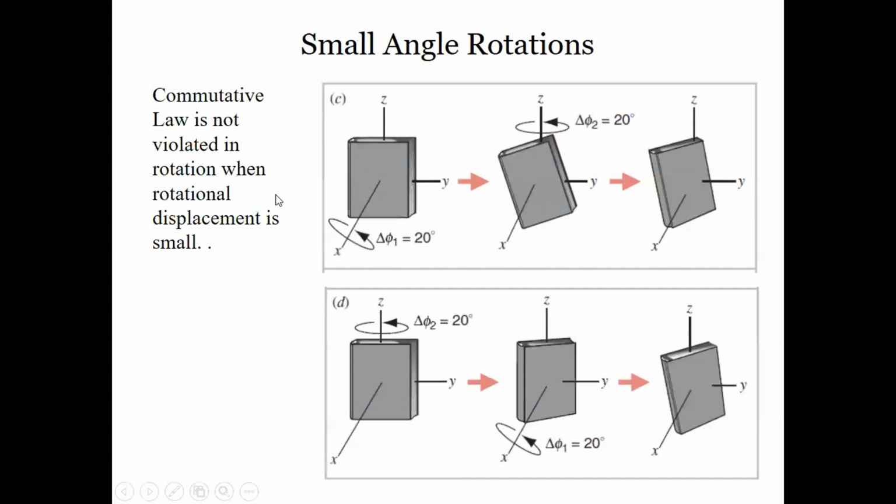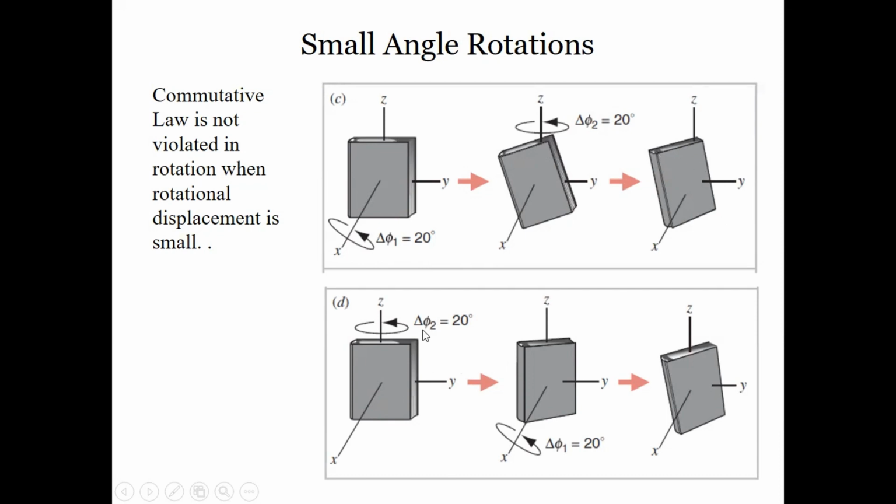However, if the angles are very small, less than 20 degrees, then we see that the commutative law is not violated. It is really obeying. Here we have a 20-degree rotation about the x-axis, and then a 20-degree rotation about the z-axis, and the final form is this.